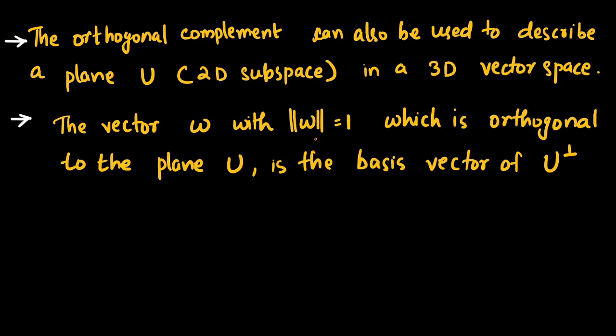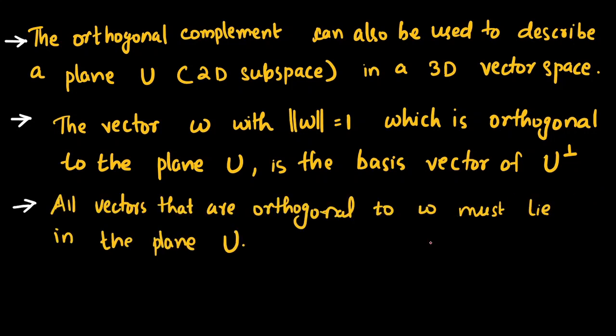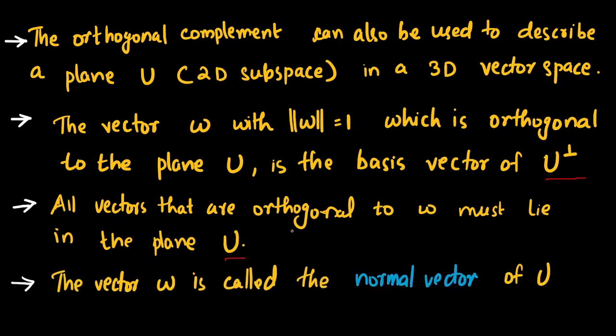The vector W with length equal to 1, which is orthogonal to the plane U, is the basis vector of U orthocomplement. All vectors that are orthogonal to W must lie in the plane U. As per the definition, all the vectors in U orthocomplement should be orthogonal to any vector in U, and that is also applicable to the basis vectors.